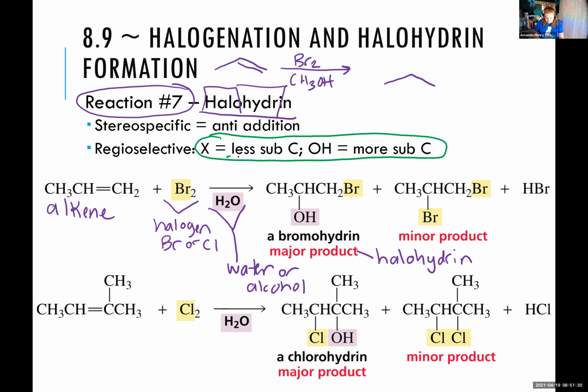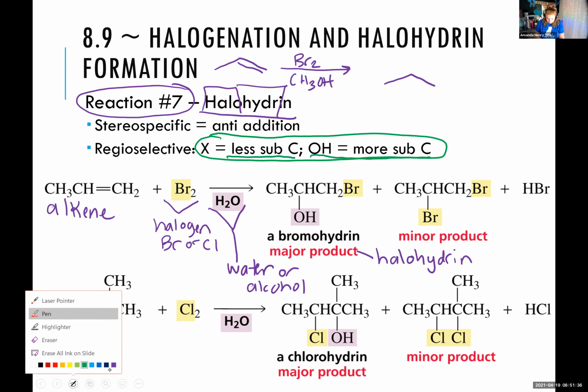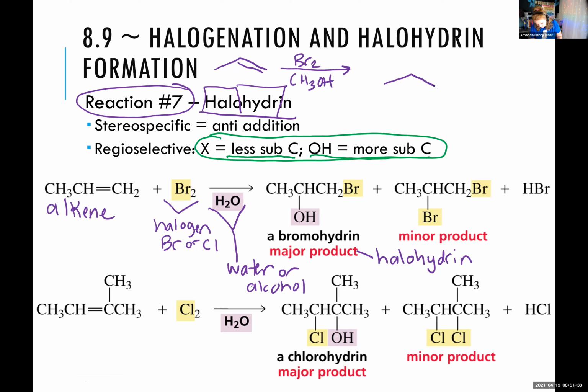The halogen's going to add to the less substituted carbon, and then the oxygen will add to the more substituted carbon. So I'm going to put my bromine right here on the less substituted, and then right here would be the OCH3. So it'll be the oxygen and then whatever R group, whatever carbon group is attached to it.